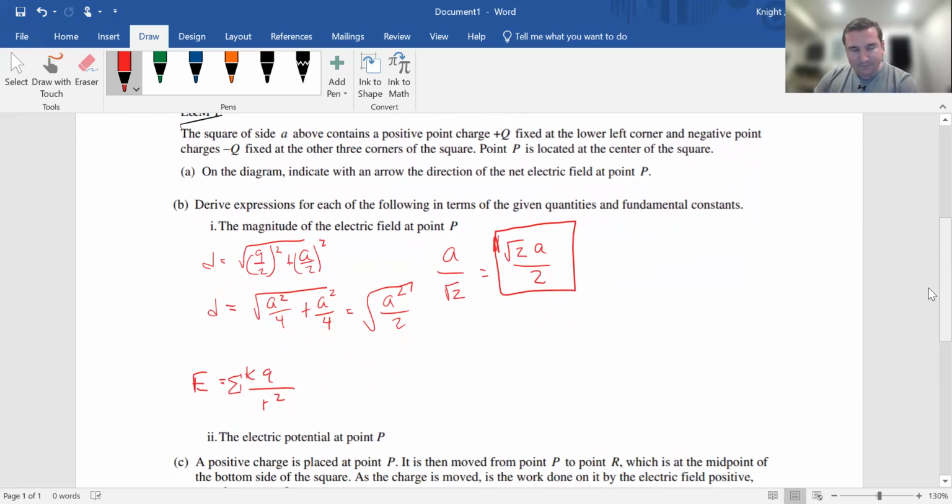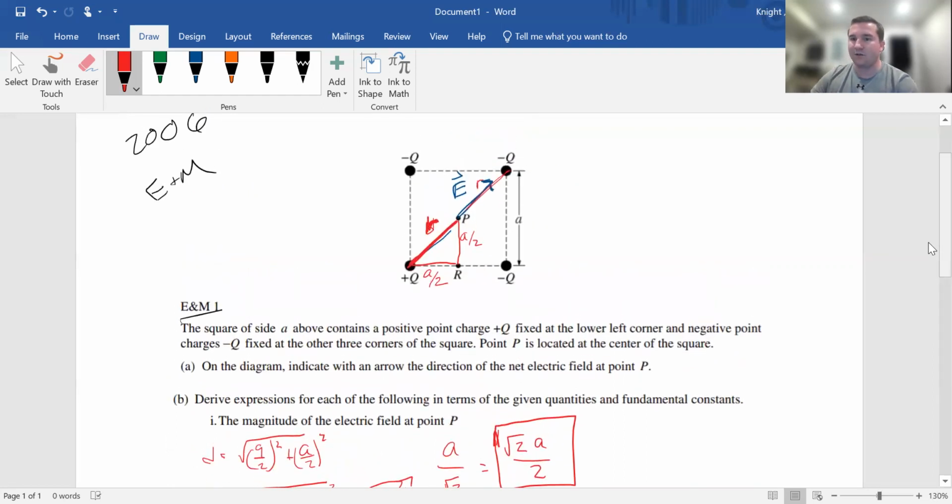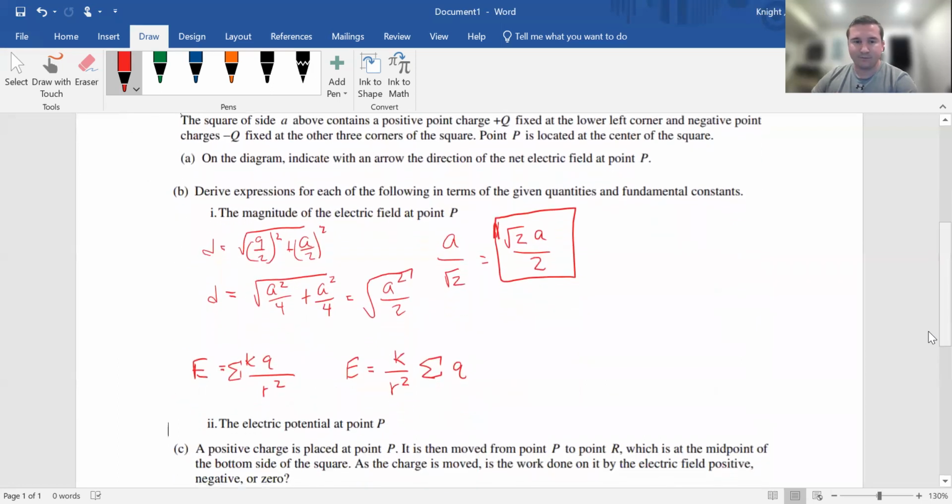And we'll get electric field is equal to K over r squared times the sum of the Q values, right? Which the two Q values are just Q and Q. So 2Q.